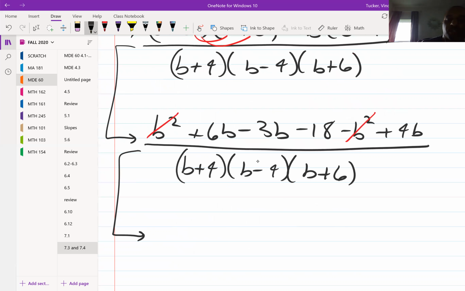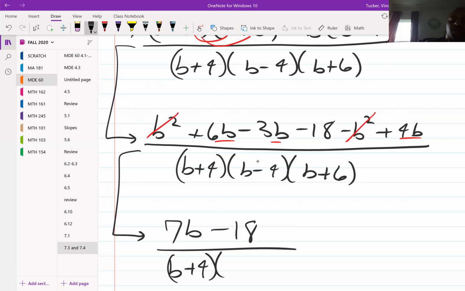Then we have 6b minus 3b, which is 3b, plus 4b, so that's 7b. Then that minus 18 back there can't combine with anything. And that's over (b + 4)(b - 4)(b + 6). And it looks like that is it.